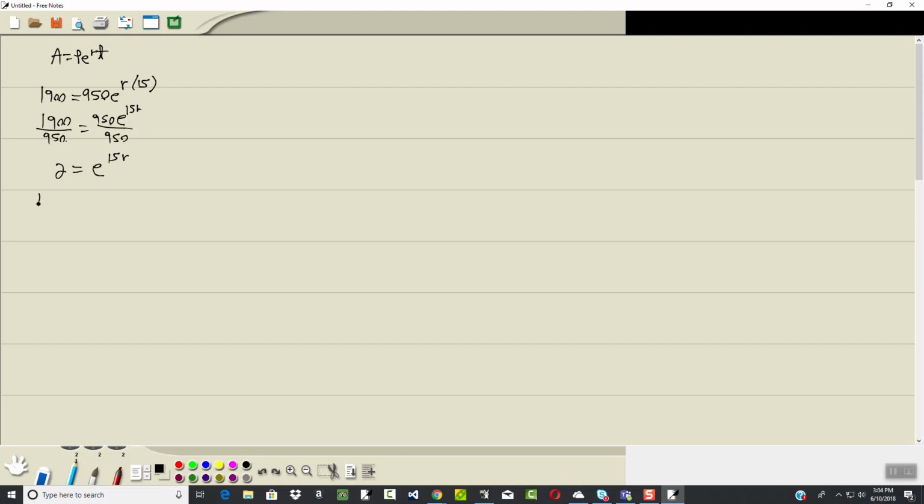We'll take natural log of both sides, so natural log of 2 is equal to natural log of e to the 15r power. Now natural log and e are going to cancel each other. So we got natural log of 2 equals 15r. And then I'll divide both sides by 15. So natural log of 2 divided by 15 is going to give us our r.